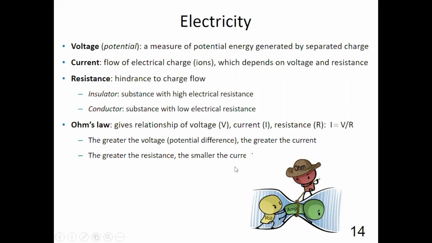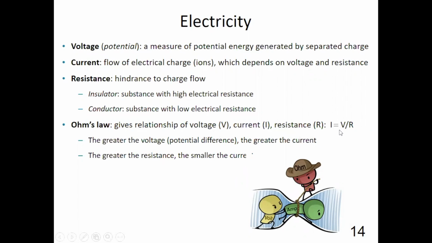A quick primer on electricity is shown on slide 14. So there is Ohm's law, which shows you the relationship between voltage, current, and resistance.